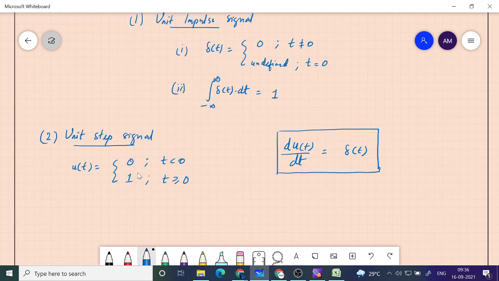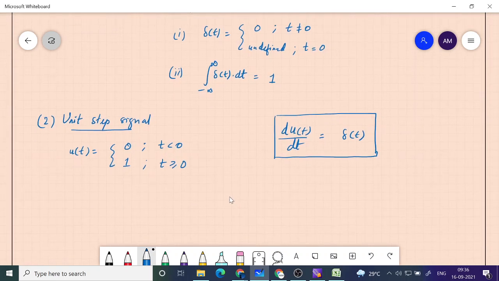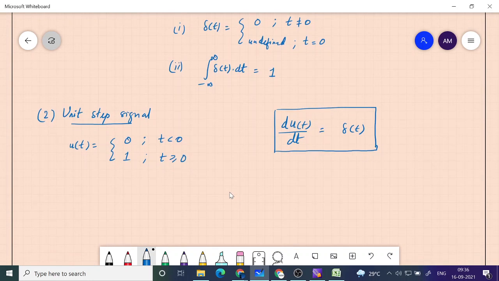Another thing that we have seen is the sampling property of the impulse signal. If you take delta of t, multiply it with some function f of t, and then integrate from minus infinity to plus infinity, it will sample the value of f of t where the impulse function is non-zero, that is at t equal to 0.